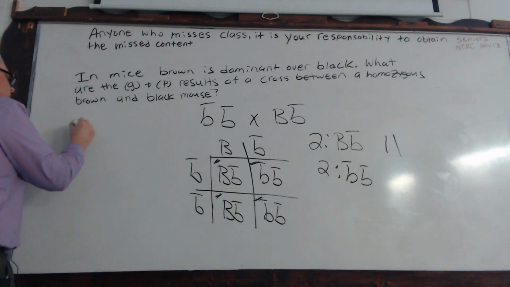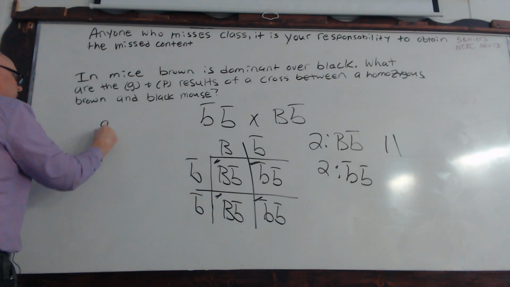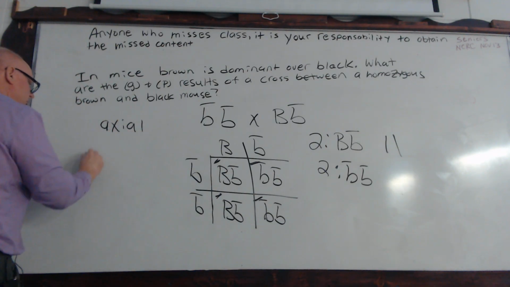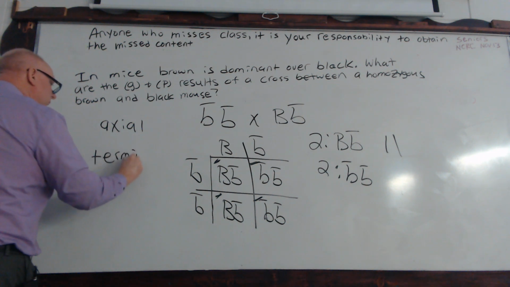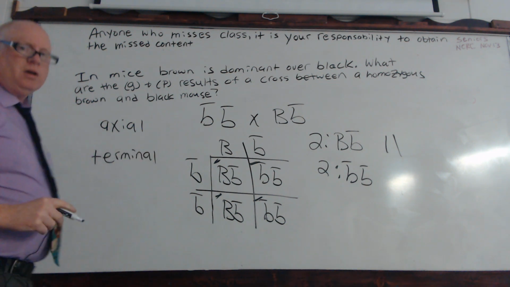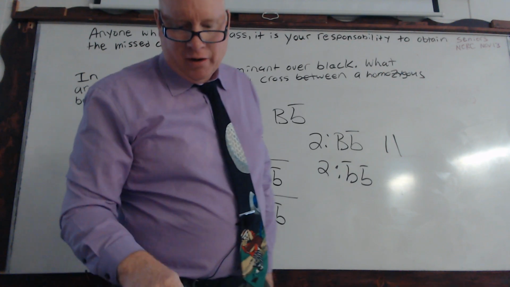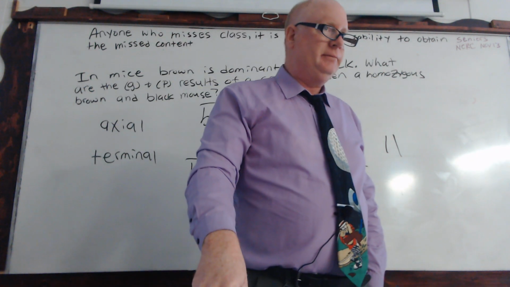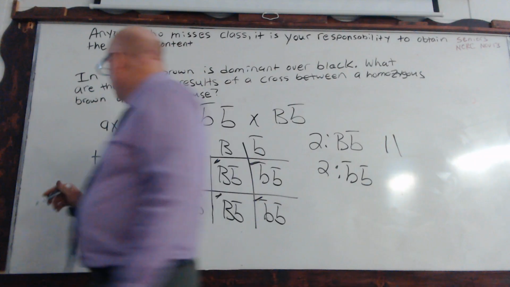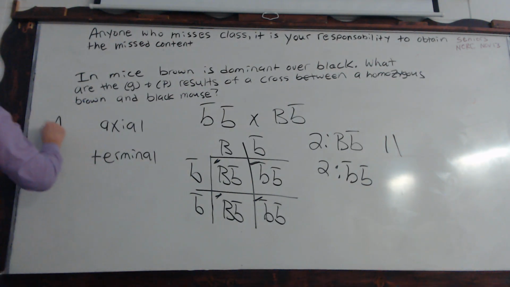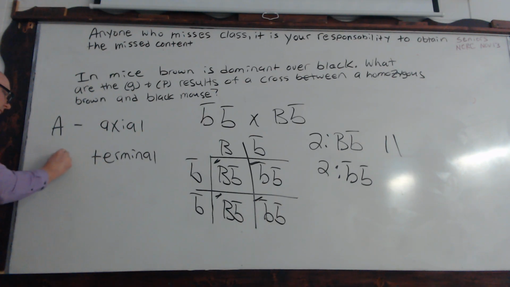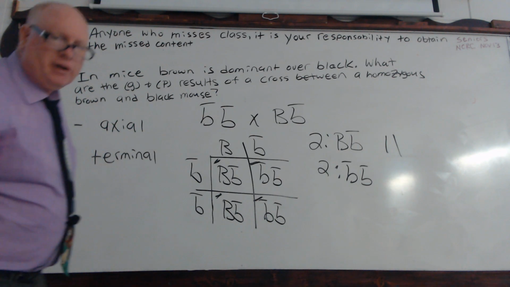So, what letter do you want to deal with for axial? If you see any combination with a capital A, it's going to be axial. So, what is the allele for the terminal trait? Lowercase a. So we have our key.